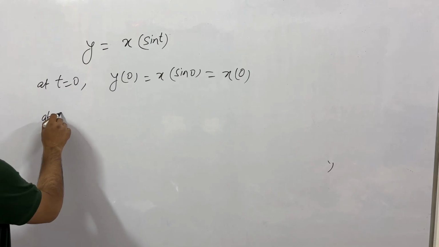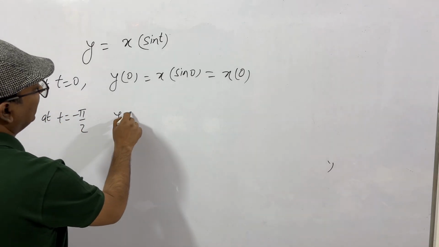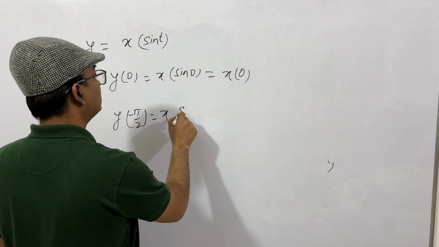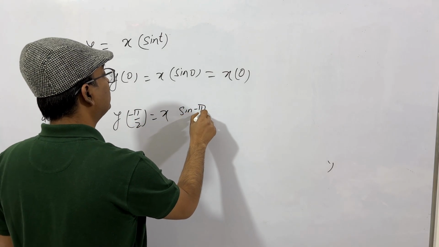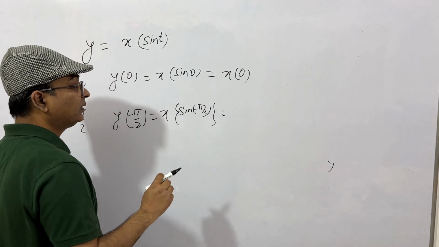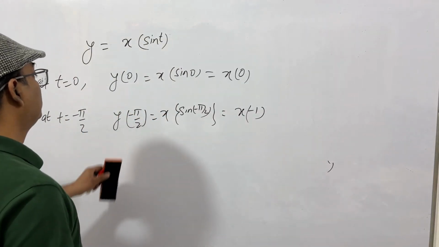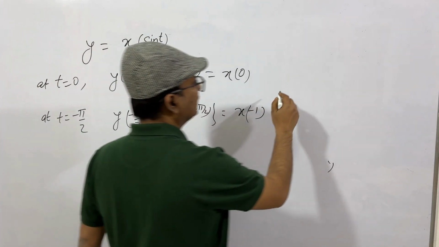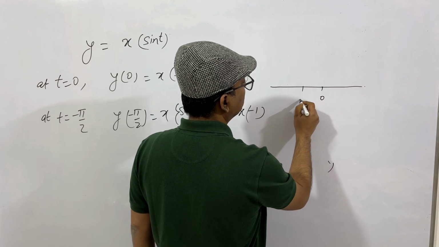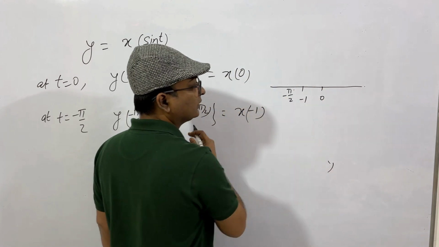Now let's see at t equal to minus pi by 2. At minus pi by 2, the value will be x of sine of minus pi by 2. Sine of minus pi by 2 is minus 1, so this is x of minus 1. Now see, pi is 3 point something, so if you take this 0 and this minus 1, pi by 2 will be somewhere to the left of this.